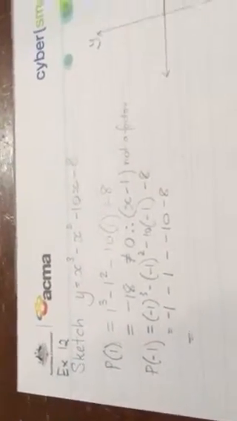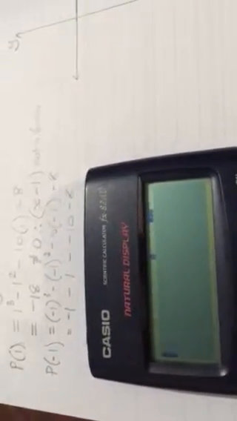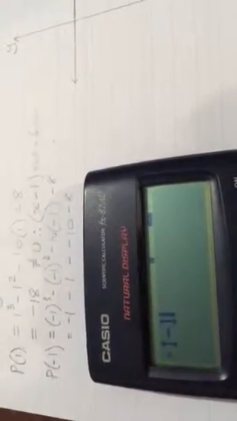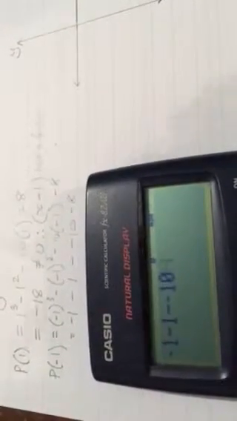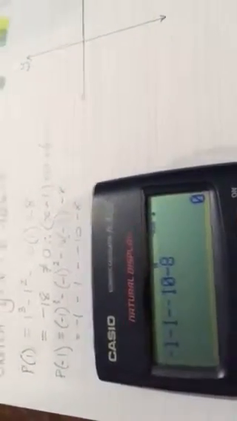So if I put that into my calculator, I get 0. So that's pretty handy, I get 0. So that tells me that x, opposite sign, plus 1 is a factor. So I found my first factor.